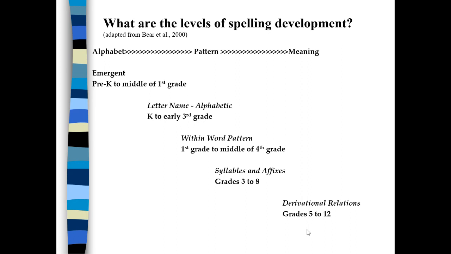Within these three concepts, within the alphabetic principle concept, the pattern concept, and the meaning concept, then we have multiple levels of spelling development and where we expect our students to be in their spelling ability.